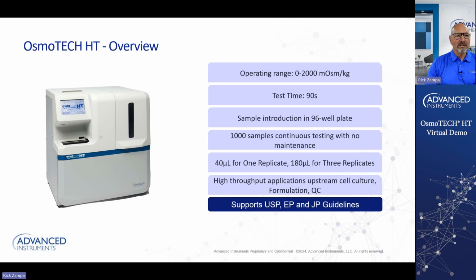You can run up to 1,000 samples before having to do any maintenance to the instrument. 40 microliters of sample is required in this particular unit, and you can put up to 180 in if you're trying to do 3 replicates of any particular sample. This can be used in applications such as upstream cell culture, formulation, or QC, and again, it supports all the pharmacopoeia guidelines such as USP, EP, and Japanese pharmacopoeia.